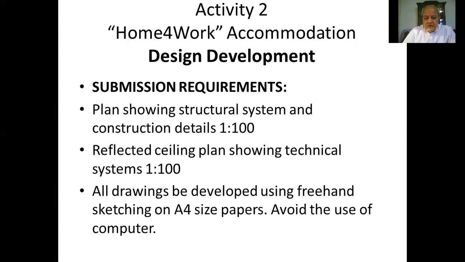We will not go into too much detail as we did with the comprehensive design studio. We want only 2 plans: the ground floor plan, or horizontal plan, looking down, showing the structural system, the center lines, the location of the columns, with estimated size, depending on the height, maybe 30 by 30 or something.